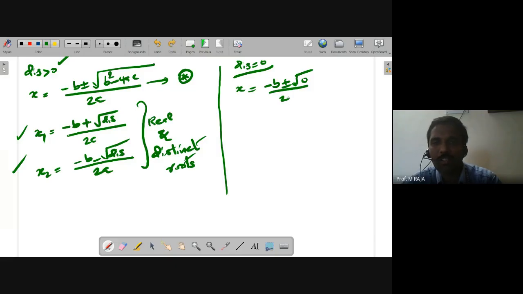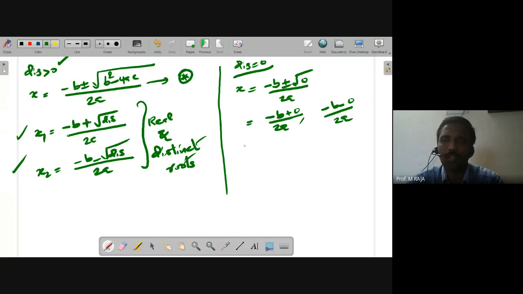So please understand, this is equal to minus b by 2a, that means plus or minus 0. So we get minus b plus 0 by 2a and minus b minus 0 by 2a. So it seems the results are real and equal.